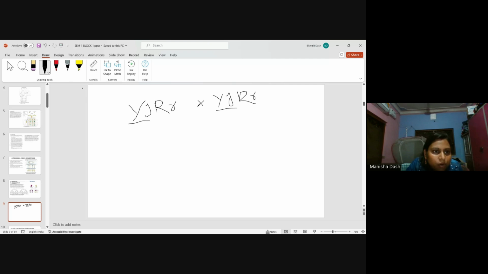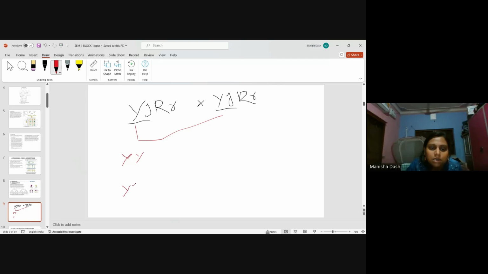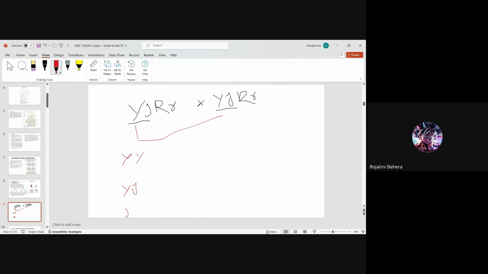Capital Y, small y. So it is the same as the monohybrid cross. What kind of combination will you get from this? You will have capital Y capital Y, then a capital Y and small y combination, then small y small y.